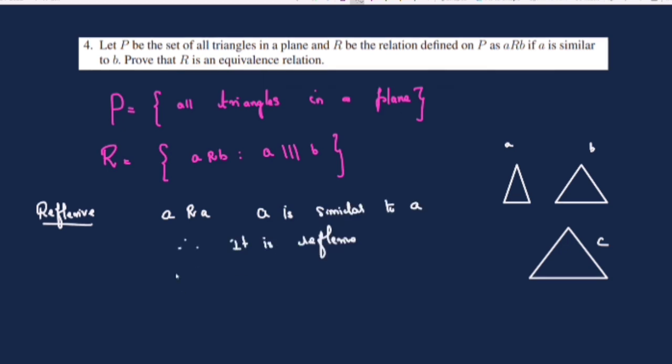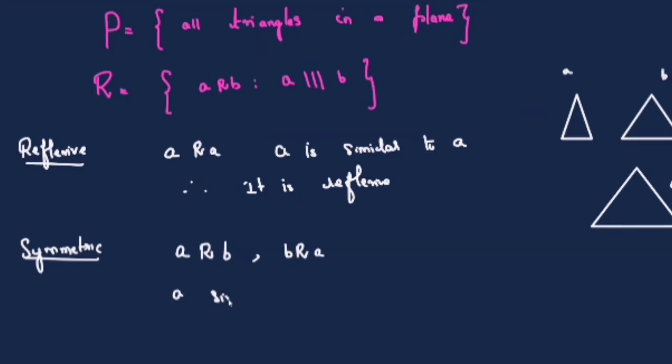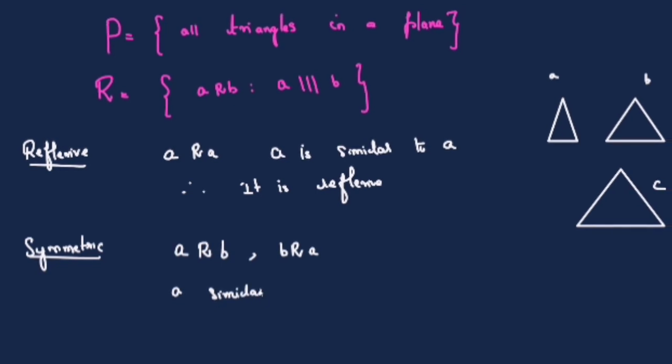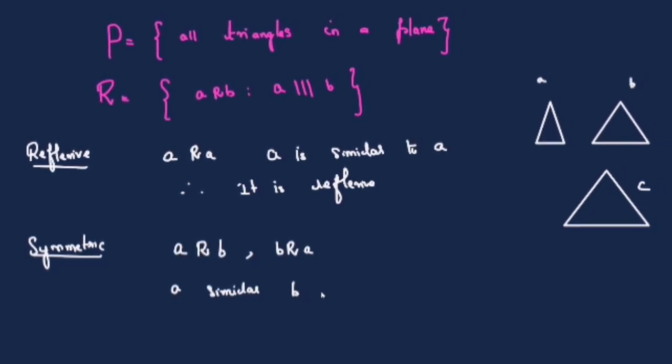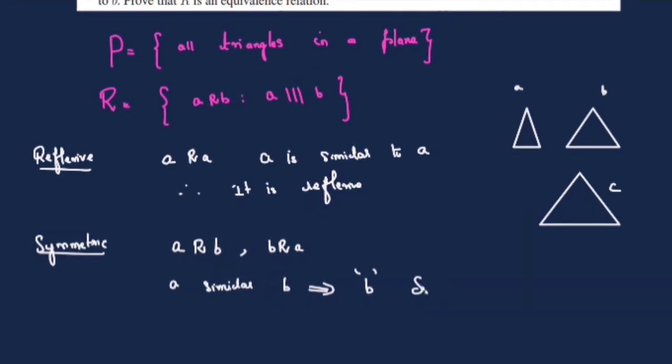Now, is it symmetric? Suppose you take two triangles. If you say A is similar to B, then B will be similar to A, isn't it? A similar to B means sure B will be similar to A. So this implies B is similar to A.